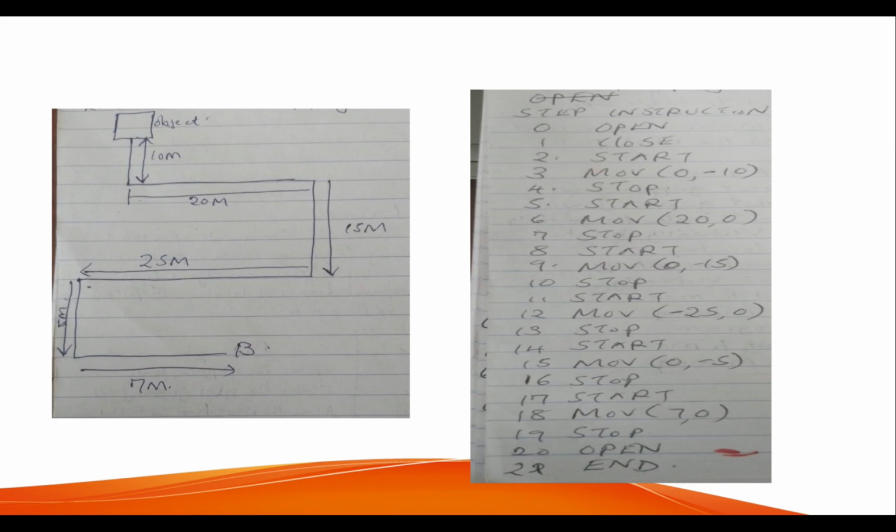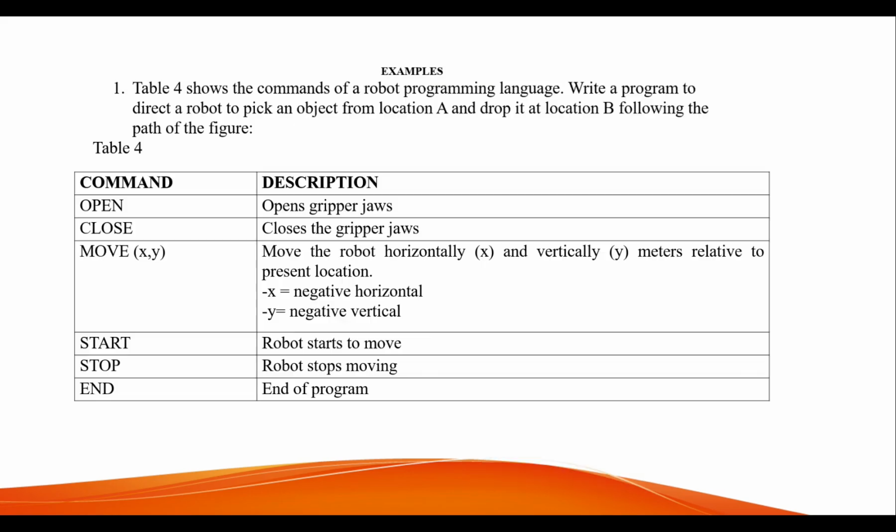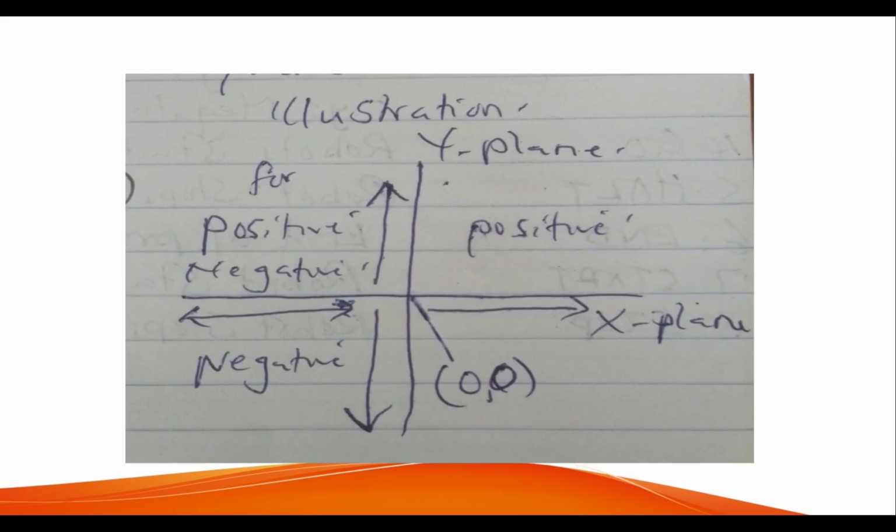Always mark that note: anytime a robot is at a stationary point, it's assumed to be 0, 0. So it's moving from point 0 downwards. Back on that Cartesian plane, if it's at 0, 0 and moving downwards, it's making a negative movement along the Y axis.